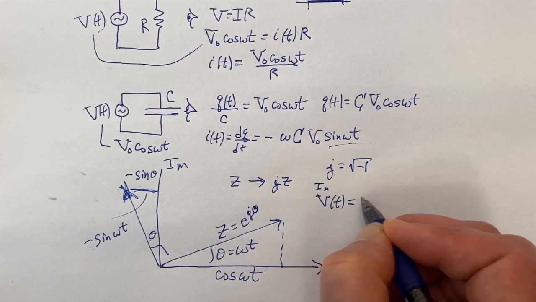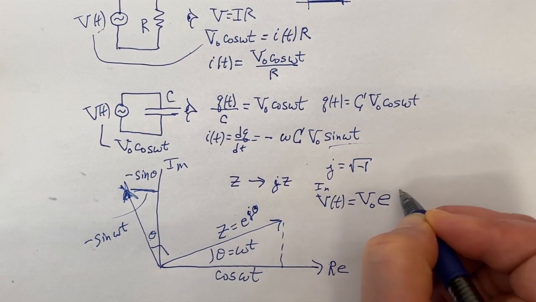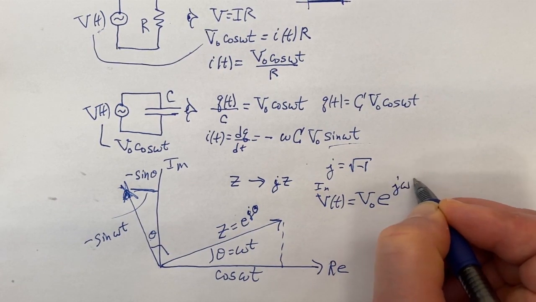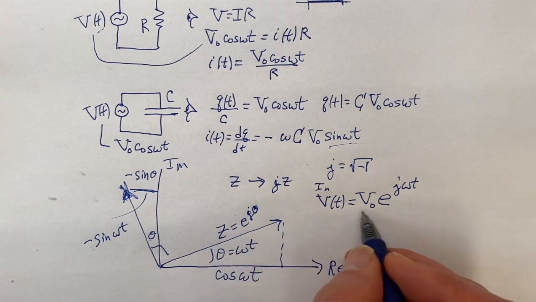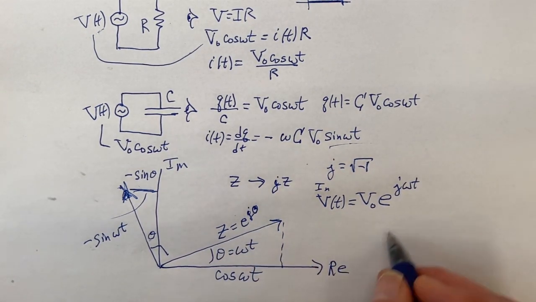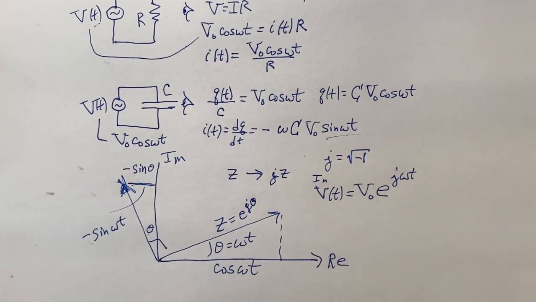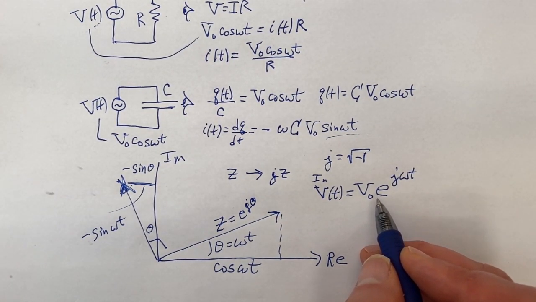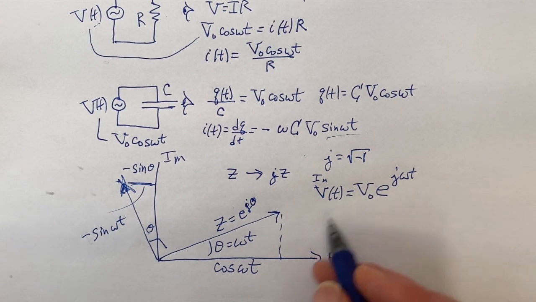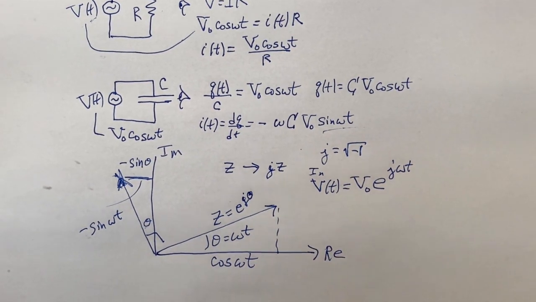If I let this be represented by V naught e to the j omega t, now we have a voltage constant in front, a value that doesn't have to be 1 volt, could be anything, and that's a phasor. And I'd be interested in the real part for the physics of what's going on.